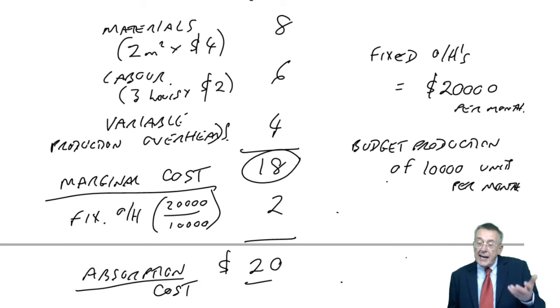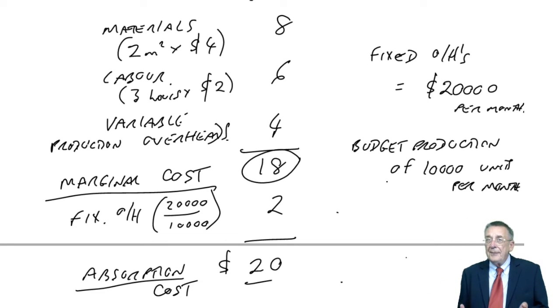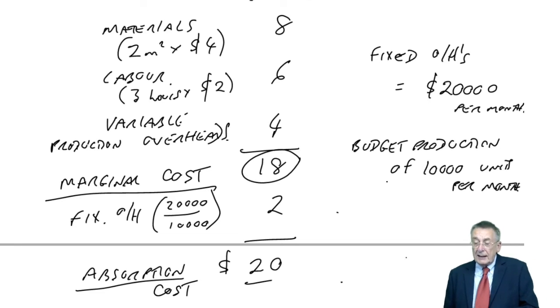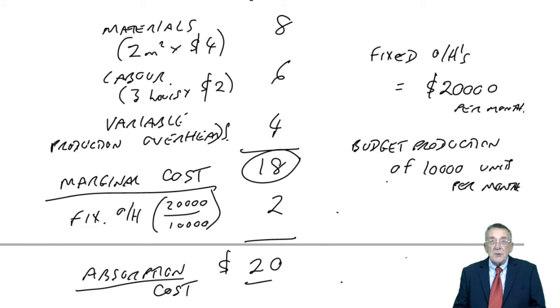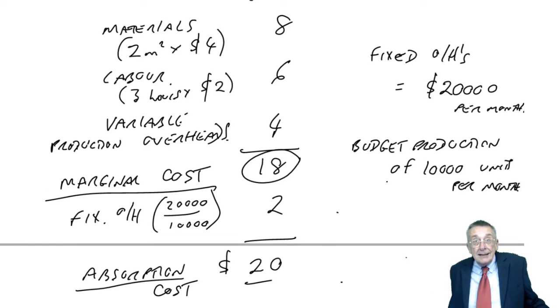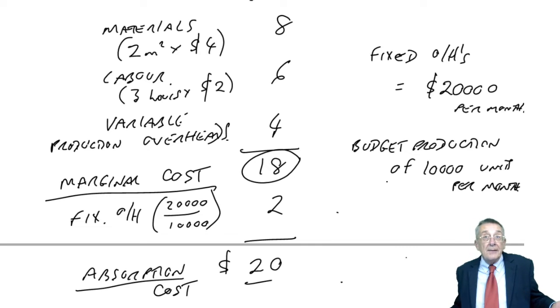Now, you can argue all day about which is more sensible, but at the end of the day, you could say, well, I don't really care how many I produce and sell. I'm going to have to spend 20,000, even if I didn't sell any at all. And I produced 10,000, but they were all in inventory.